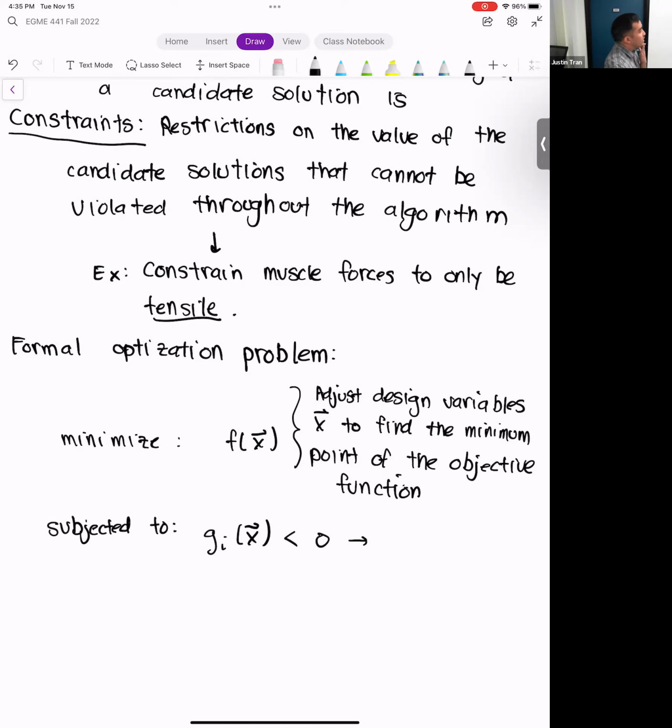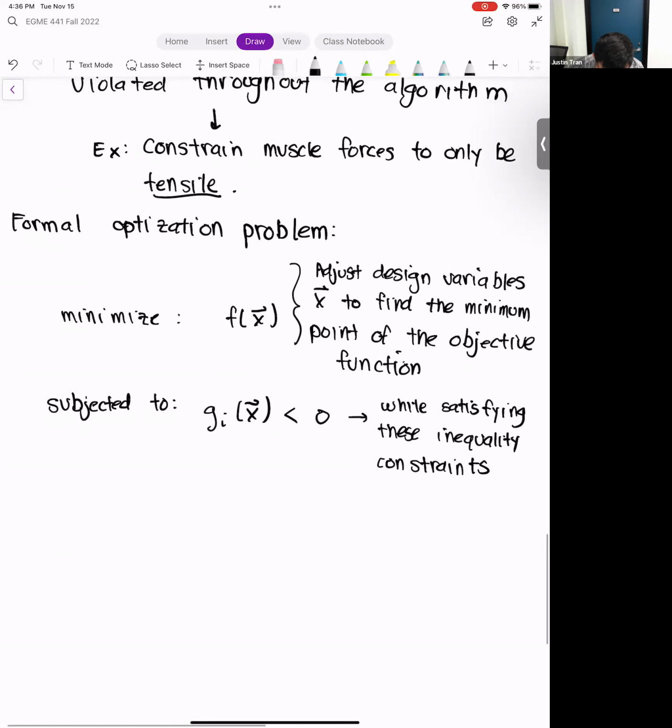If we say g_i of x vector is less than 0, we call these inequality constraints. So that's one type of constraint that you can have. You can also have equality constraints.